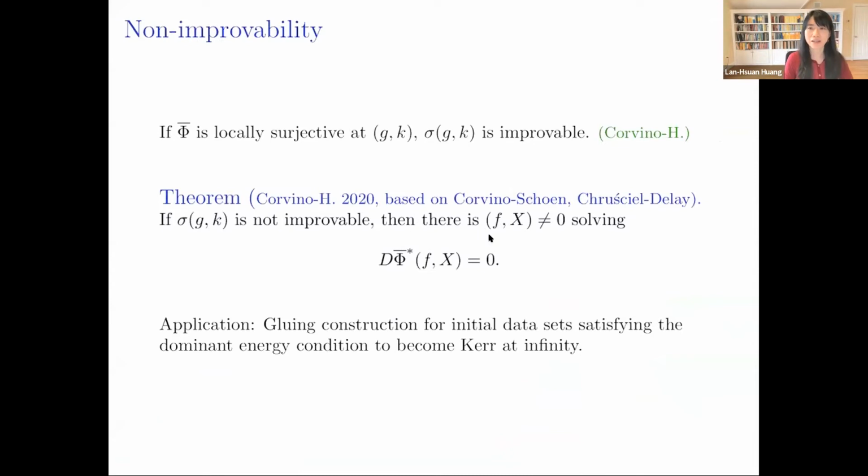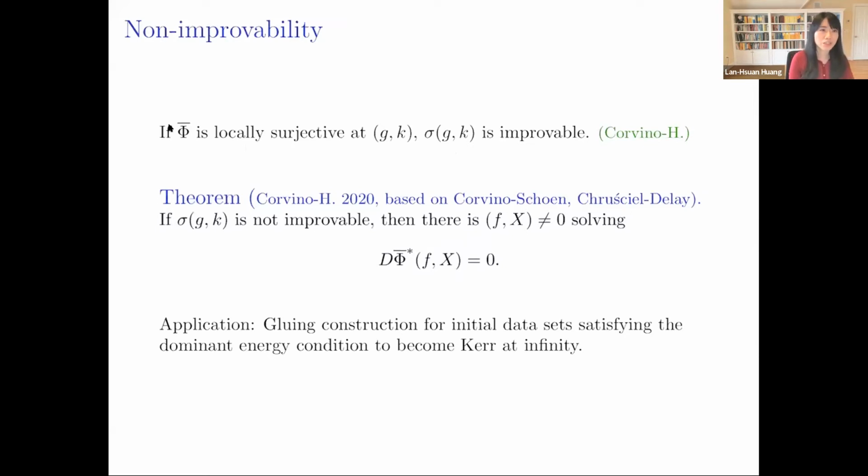And if I rephrase the result of mine with Covino on local surjectivity, using this new term improvable, our local surjectivity theorem can say that if the modifier operator is locally surjective, then the dominant energy scalar is improvable. Because if it is locally surjective, it's really like you can prescribe some amount and find this deformation H and W to realize that amount. And by doing some computation, that will achieve improvability.